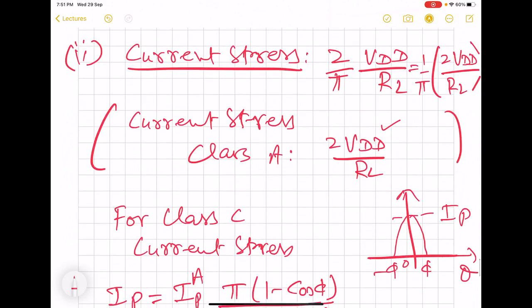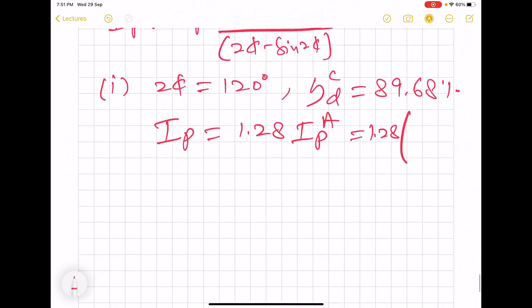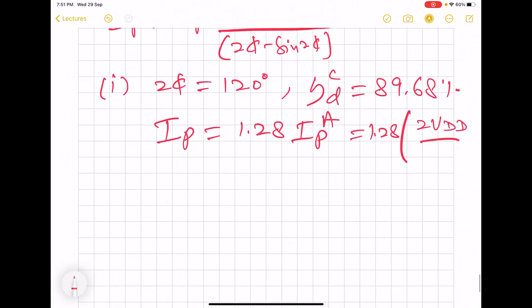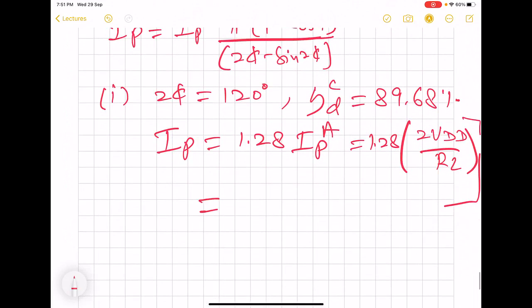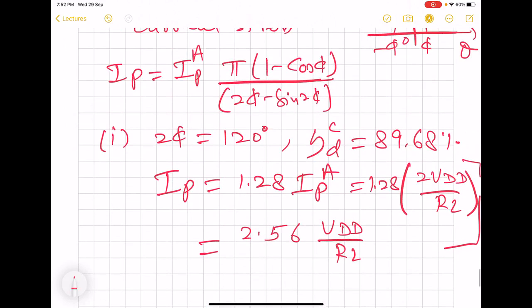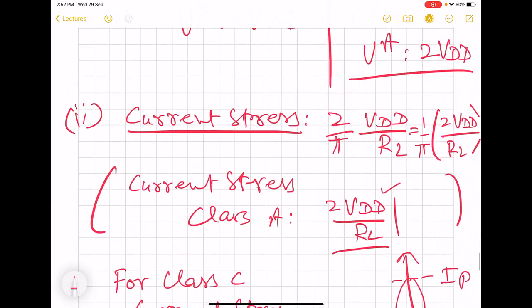The current that we calculated for class A is this one. So we see that class C experiences the maximum current stress, class A experiences less, and class D experiences even less.